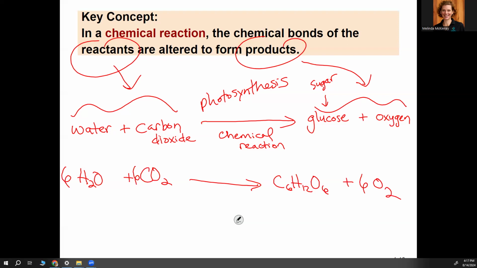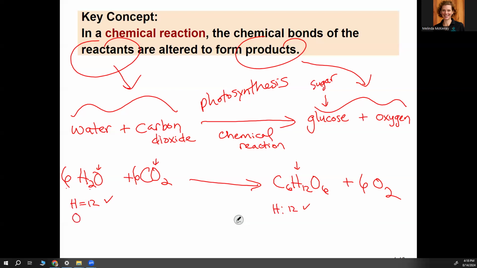So if we were to count them up, the number of hydrogen on the left, we would have 6 times 2 is 12. And then over here on the right, hydrogen is only found in glucose, so there's 12 of those. So check, we've got the same number, great. Then we've got oxygen on the left. There are 6 in the water molecules, and there are 6 times 2 or 12 in the carbon dioxide molecules.